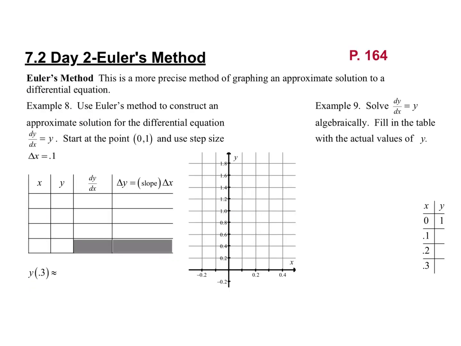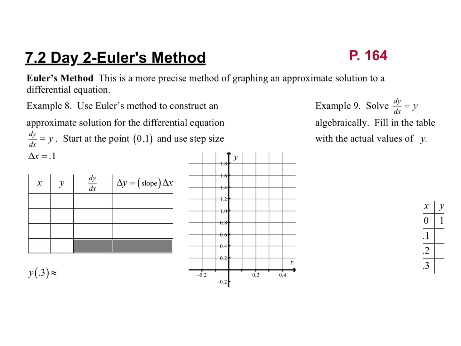Now, this is your book. I think I've tweaked it around a little bit to make it all fit the way I wanted it to fit. But there are two examples here, and it's for the same problem, as I mentioned earlier. On the left, we're going to estimate the solution curve using Euler's method.